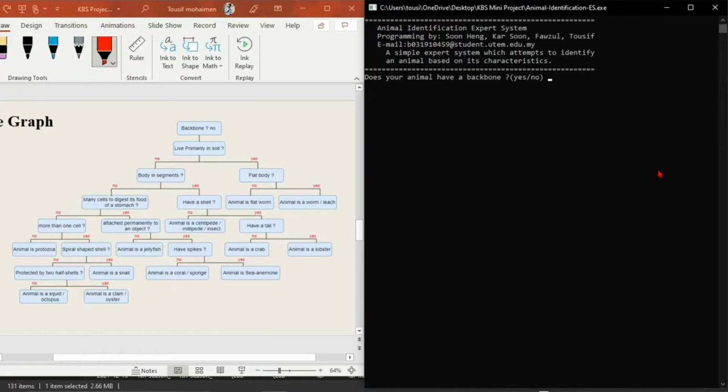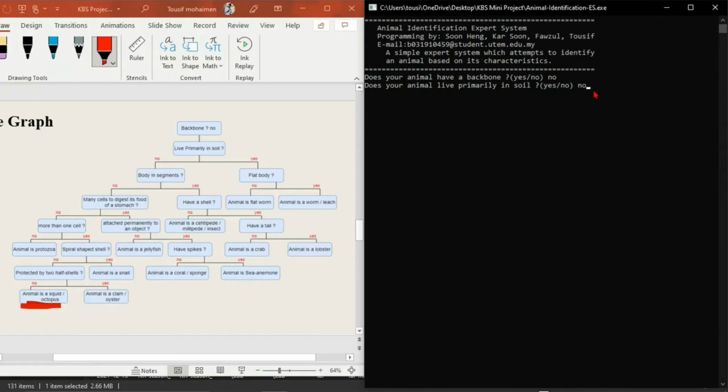See our graph. Here we want to reach this destination, that the animal is squid or octopus. So we'll start the program. Does our animal have a backbone? Alright, no. Does our animal live primarily in soil?